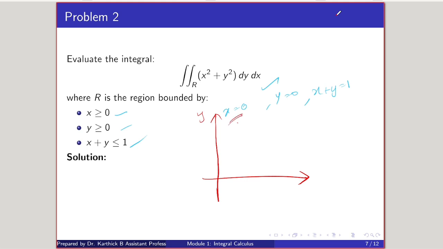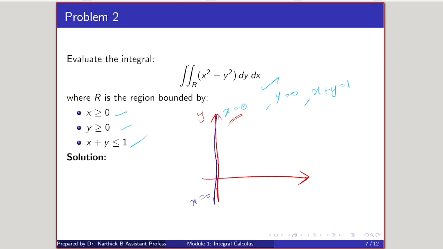So x equal to 0 represents the y-axis. I'm just drawing roughly.